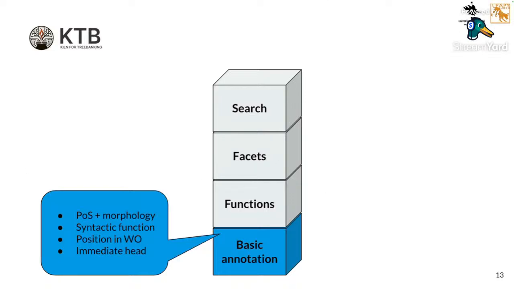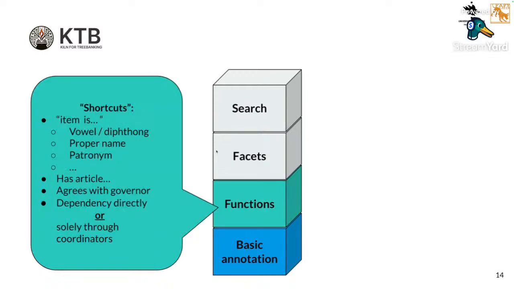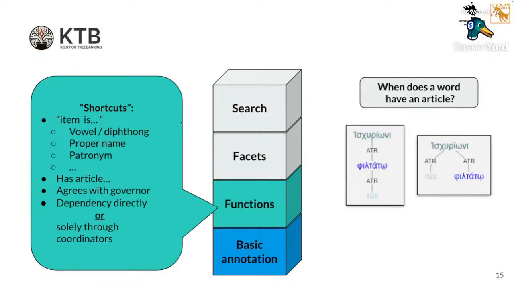For example, it is built on the basic notation that the dependency tree bank, the AGDT framework that we all use provides you. But I have built upon that various shortcuts for different things that if you would have to spell out in other query engines, you would have to be very verbose about it. For example, I have shortcuts about what diphthong is, proper names, patronyms, and other rather complex things.